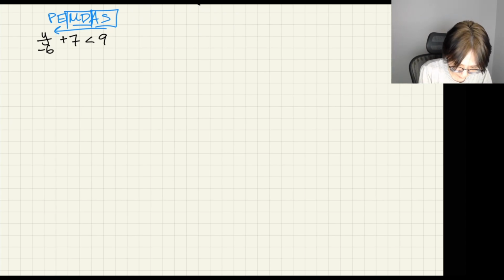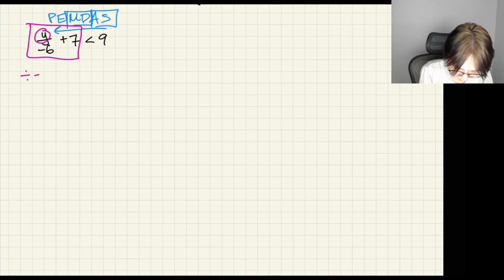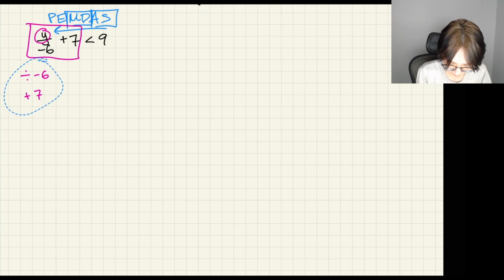Here we're solving for y, so we're going to try to isolate y. What else is happening on this side? It's being divided by negative 6, and there's a plus 7. Addition, subtraction first, so we take care of the plus 7 first.